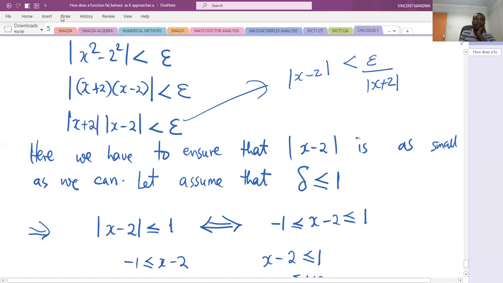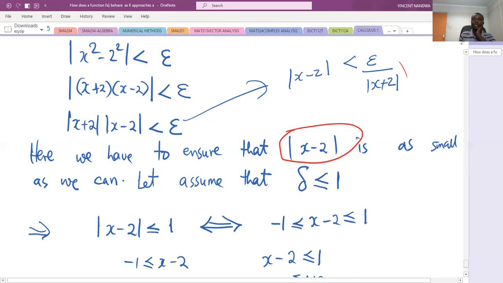And to ensure that this value is as small as we like, we expect the right-hand side to be a very, very small number. And this will be a small number when the denominator is a large number.